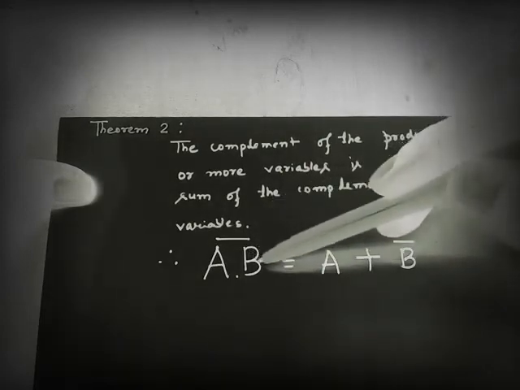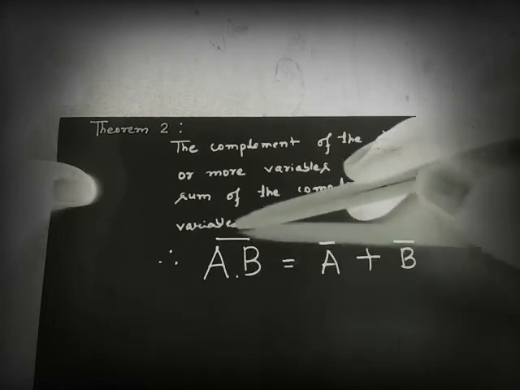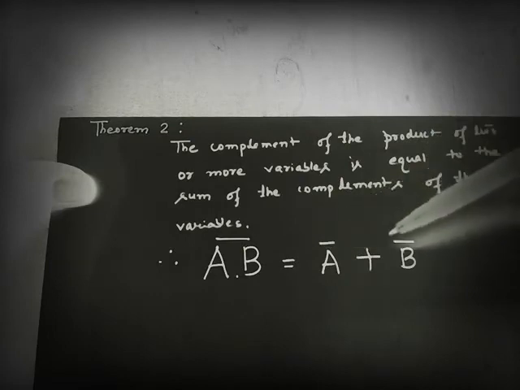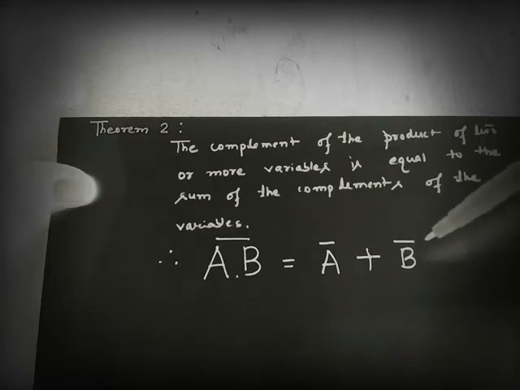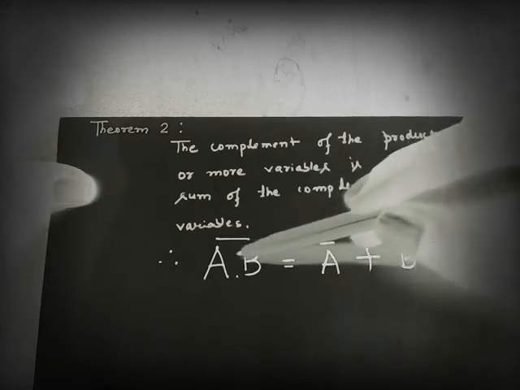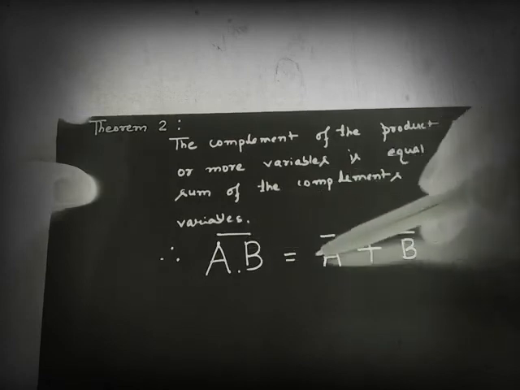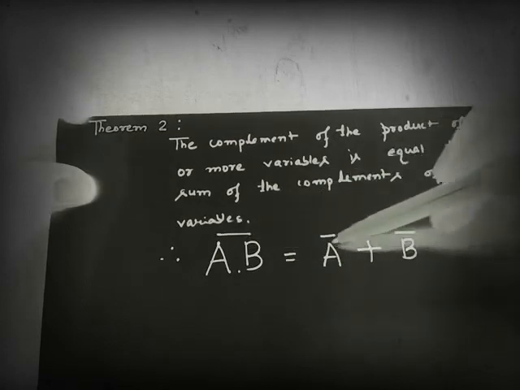That is, there is a product of two variables and I am taking its complement, but it becomes the addition of the complements of the two variables.